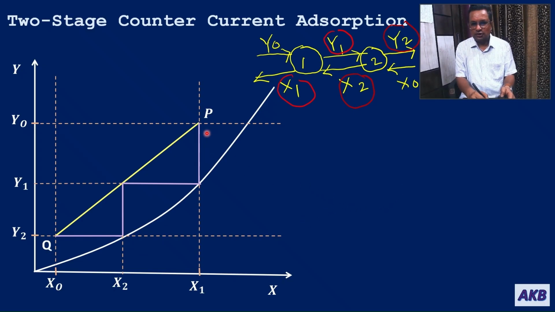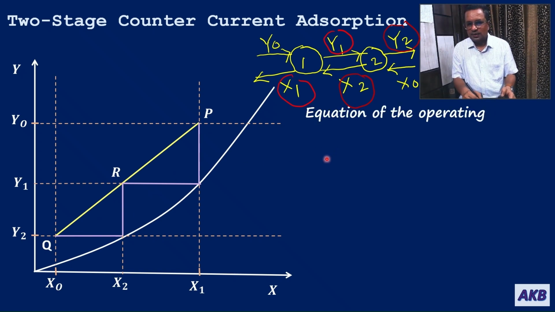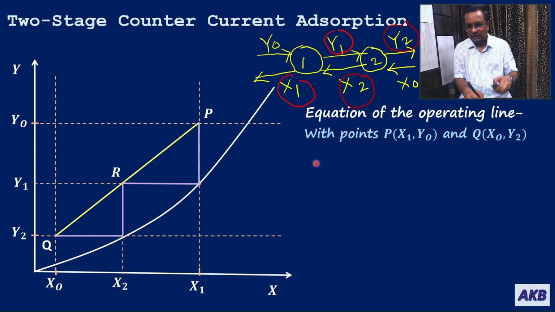So let us call this point as point P and this point as point Q, and let us denote this point as point R. Now, the equation of the operating line, we know we can write in two different ways. If you consider point P and point Q, that is the endpoints.